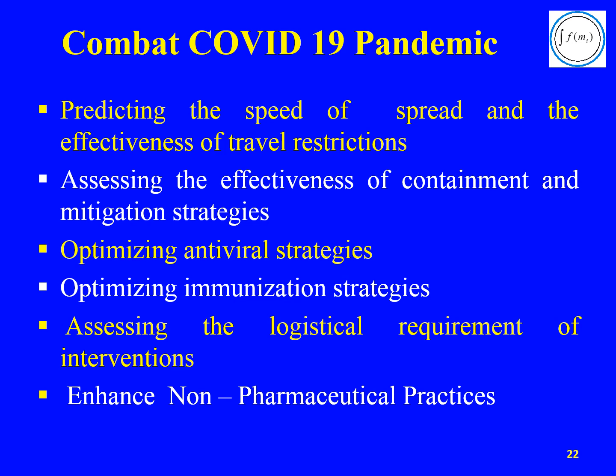To select antiviral strategies and the best immunization strategies, these things can be developed by analyzing the predicted outcome from the statistical model. Authorities can also work out the logistic requirements to combat the pandemic. And at the same time, society can enhance non-pharmaceutical practices to avoid the spread.